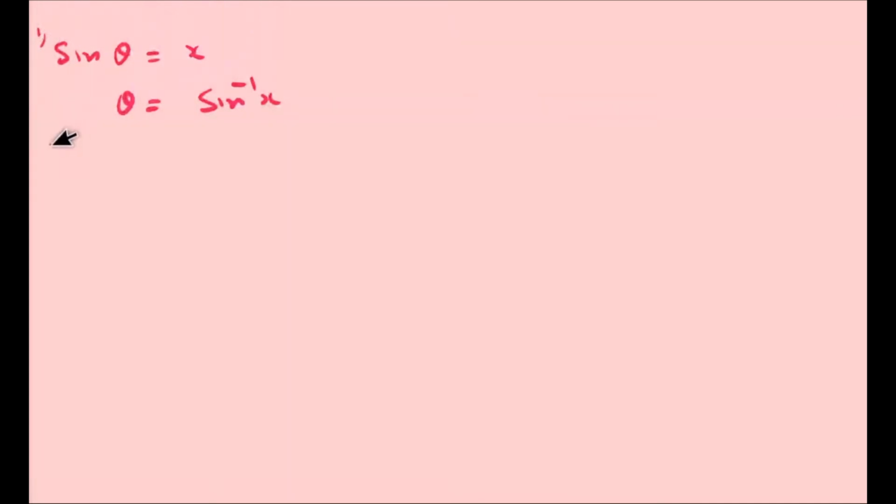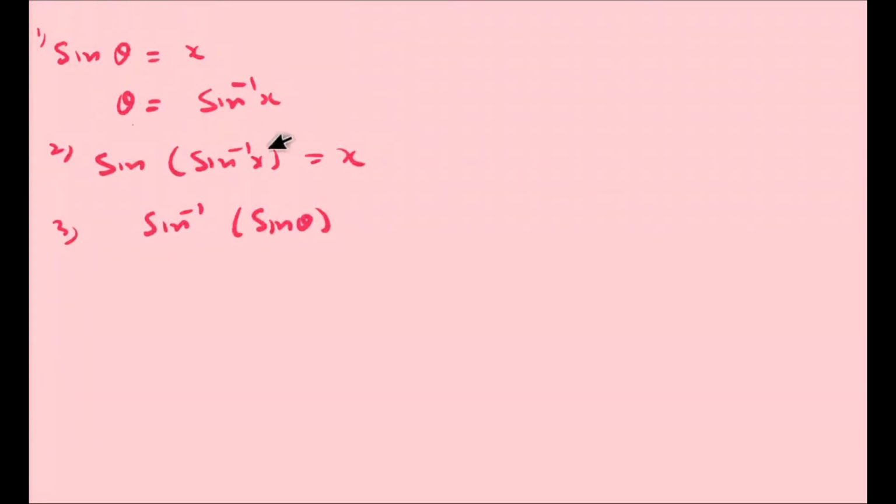Second, if you put theta here, we get sine of sine inverse x, and what is left here? x. Third, if you put the value of x here, we get sine inverse sine theta; the value of x is sine theta, so what is left here is theta.